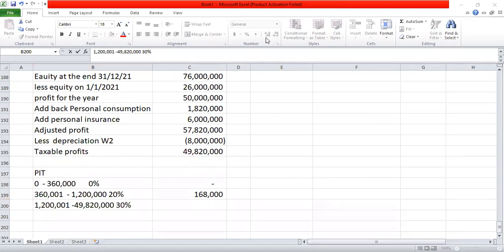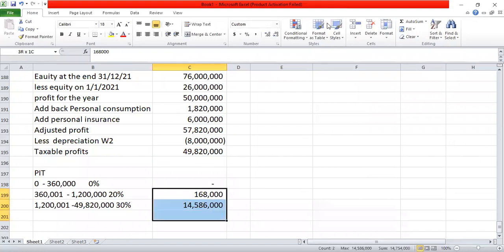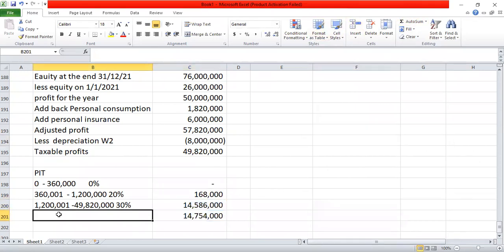Please use the old law. So we are having this minus this times 30%. So then the total here will be 14 million. This is the tax payable.